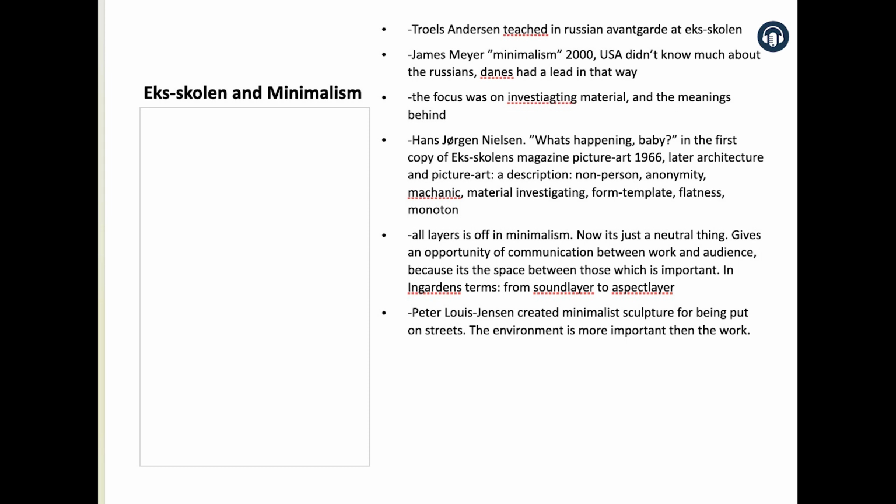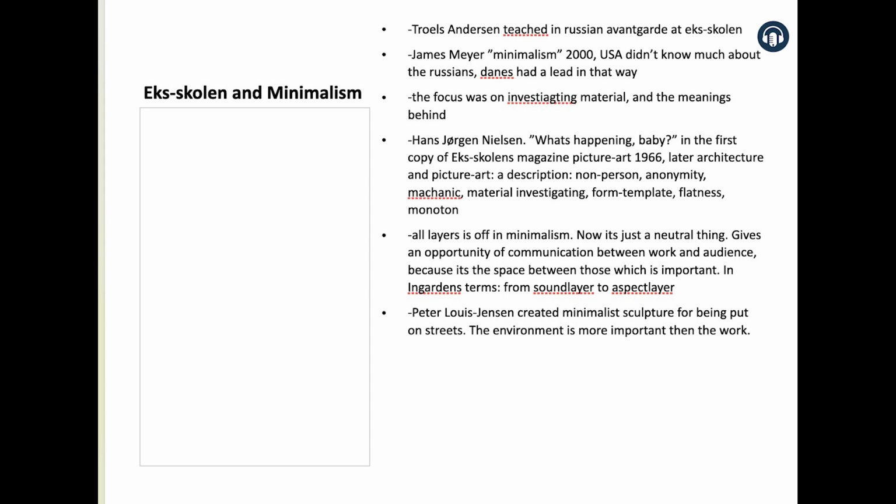Hans-Jørgen Nielsen wrote What Happening Baby in the first issue of the magazine Billedkunst in 1966, later Arkitektur and Billedkunst. Description, non-personal, enormity, mechanical, material interrogation, form template, flatness, and monotone were some of the words he used for his art. All layers are off in minimalism.